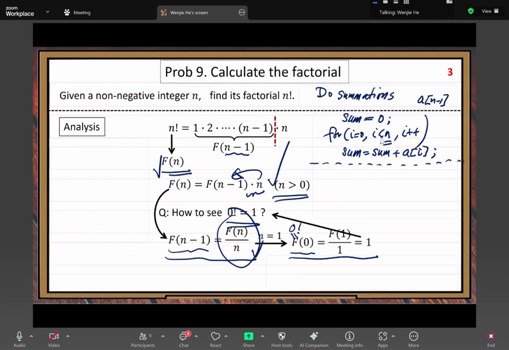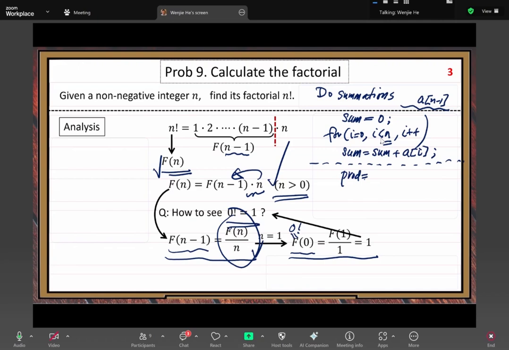Next, another experience: we calculate the product of a sequence of numbers. How do we do it? Let's assume we want to calculate the product of all the elements in array A. When you do that operation, do you create a new variable, let's say prod?